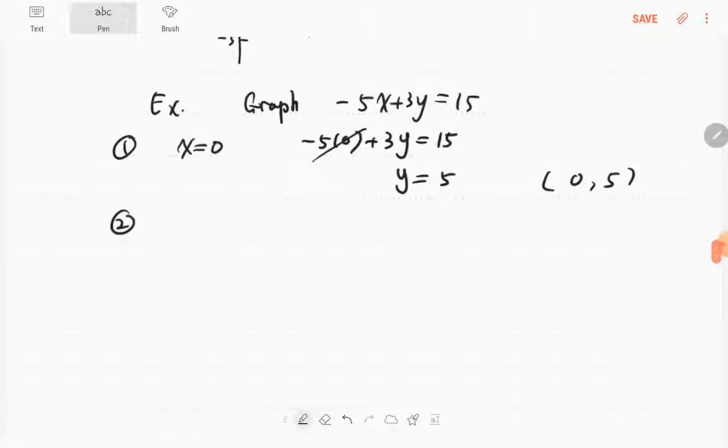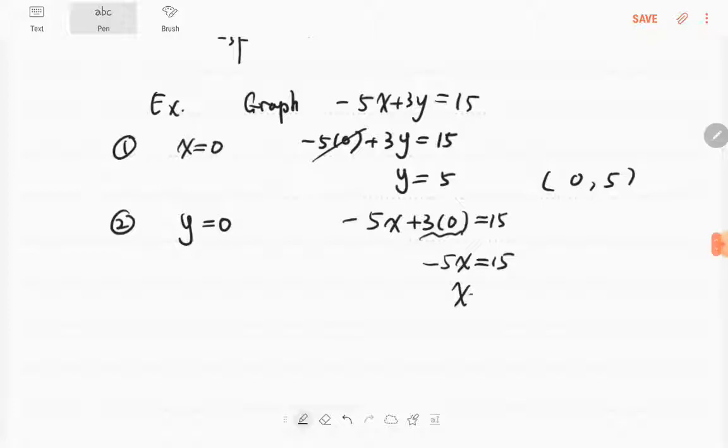Okay, for the second one, let's set y equal to 0. If we set y equal to 0, then we only have the negative 5x, the x part, right?